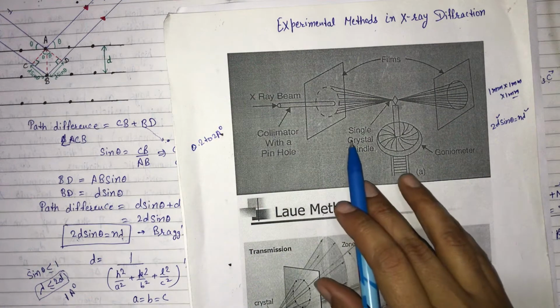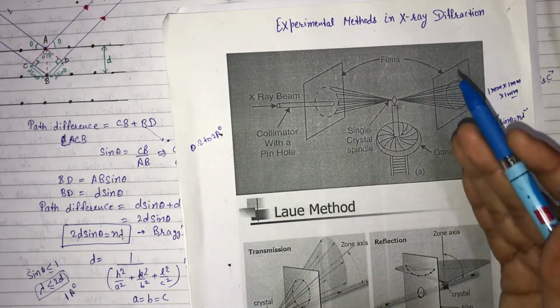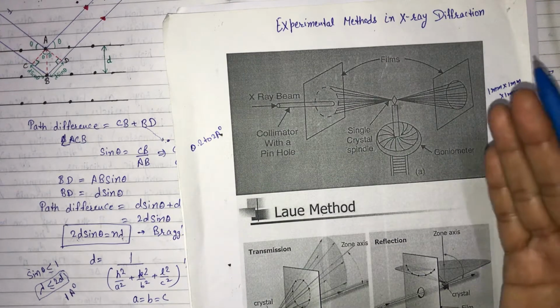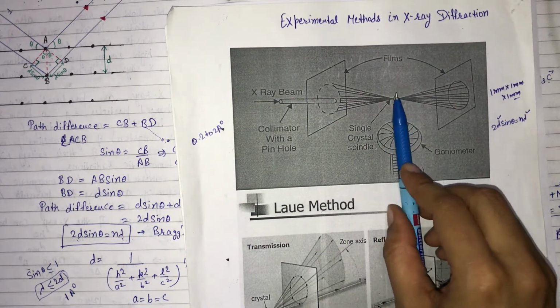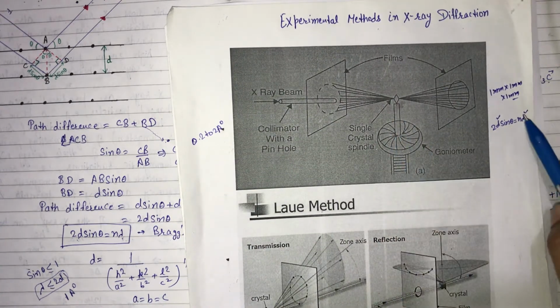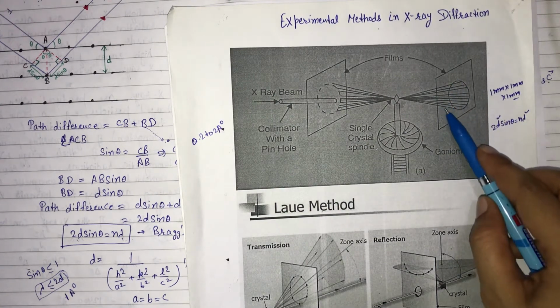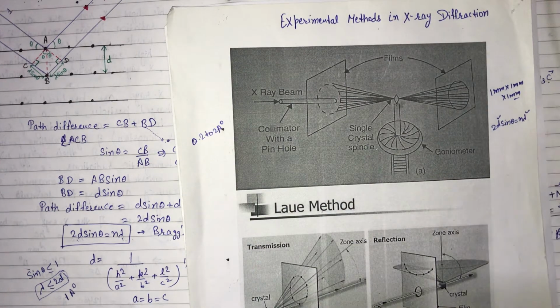So the first method is Laue's method, in which a variable X-ray wavelength is allowed to hit a single crystal fixed on this spindle. Where Bragg's condition is satisfied, we get dots on this photographic film, and the arrangement of dots explains the symmetry of the crystal.